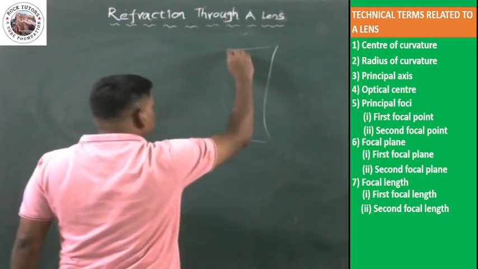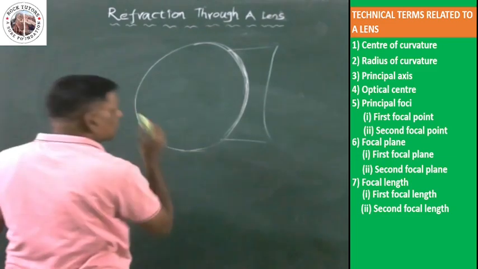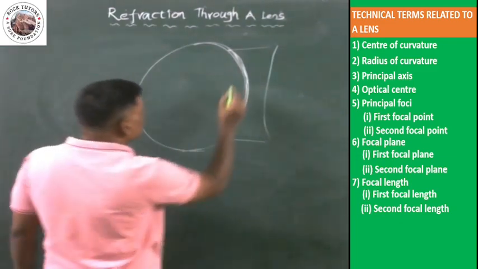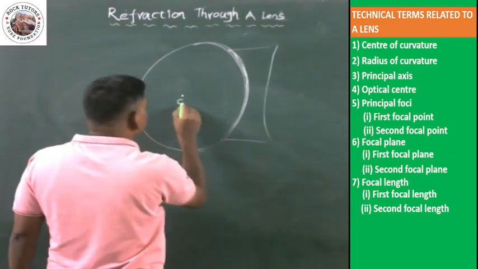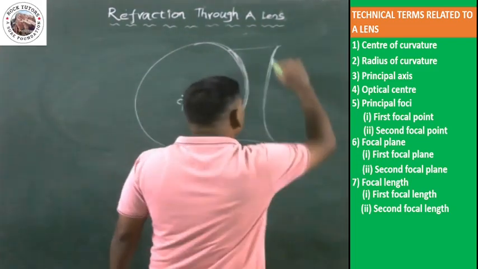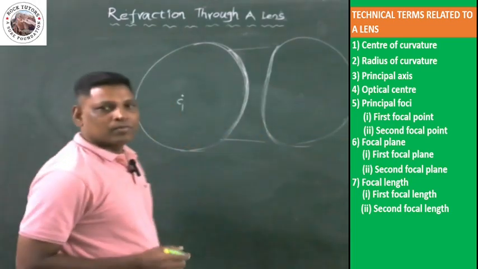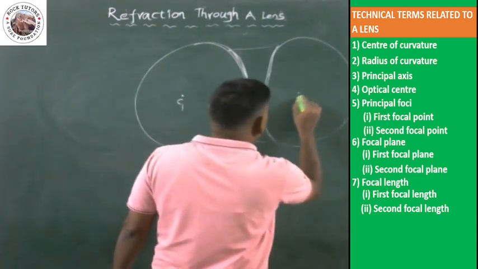This surface is a part of the sphere. This sphere has a center C1. Now this surface is also part of the sphere, and this also has center C2.